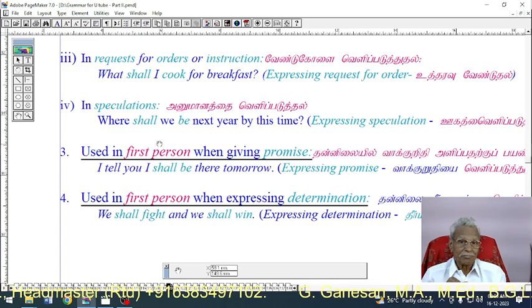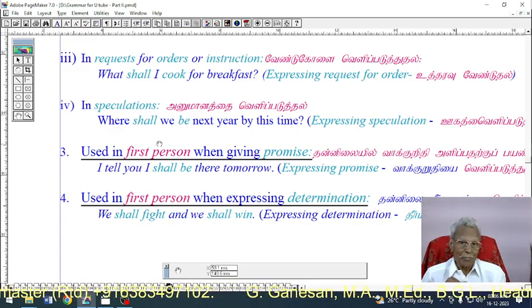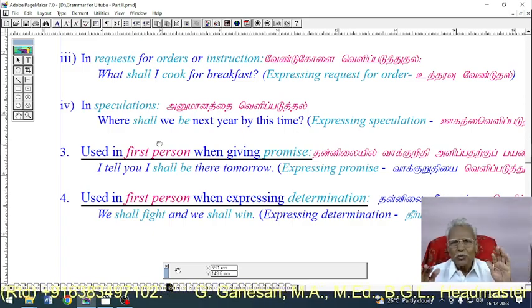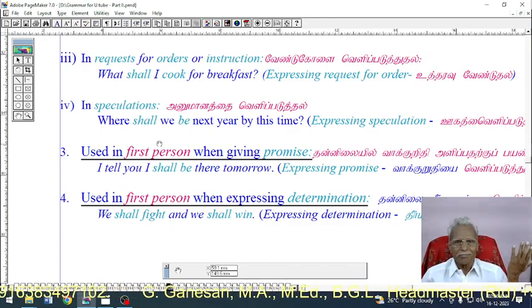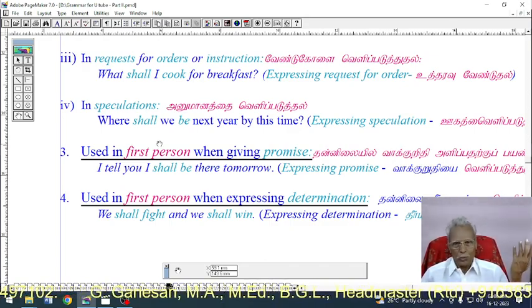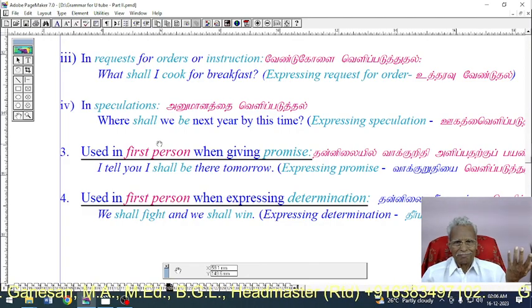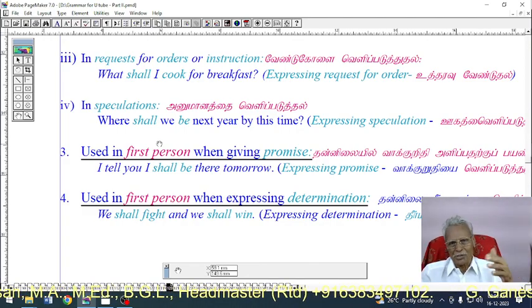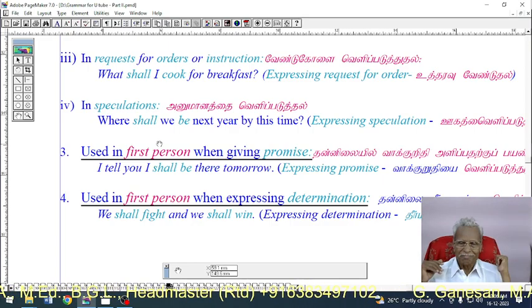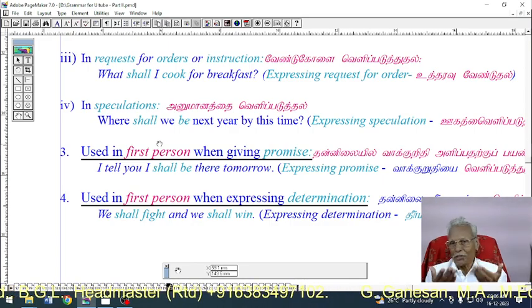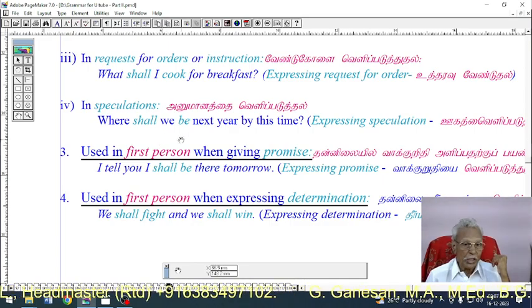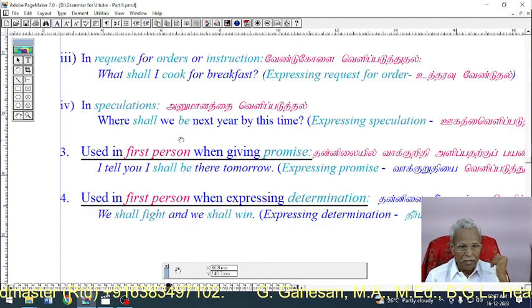By this time, where we shall be, we don't know. It is an assumption, a supposition, speculation.